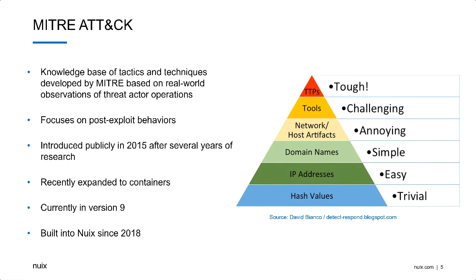It's really about understanding what the end objectives are of adversaries and then beginning to catalog the different approaches that they take to achieve those objectives. And so what this gives us is a much more durable approach to detection than we would see with threat intelligence with IOCs like IP addresses, DNS names, and so on.